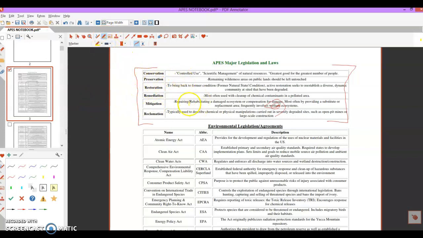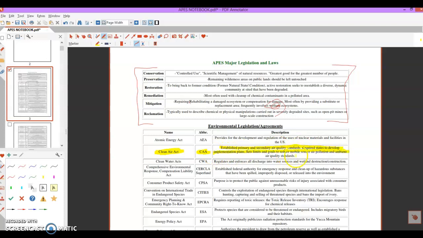The first one we're going to talk about is the Clean Air Act. If you will highlight this one in your binder, this is the abbreviation. The Clean Air Act is meant to establish primary and secondary air quality standards.